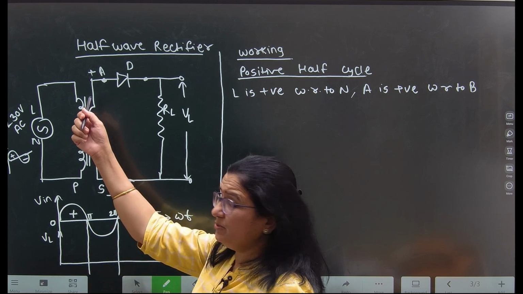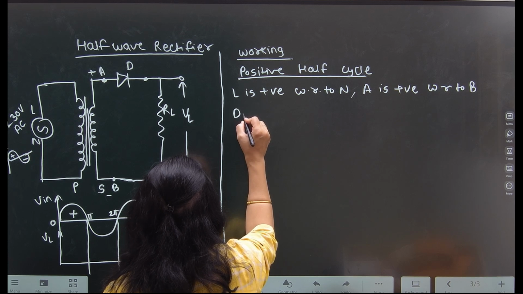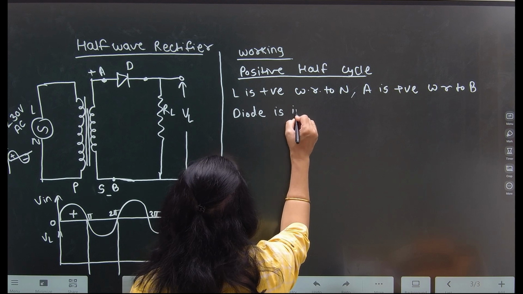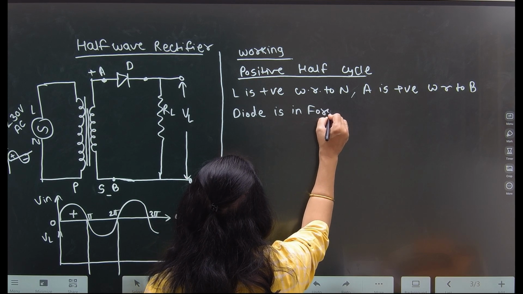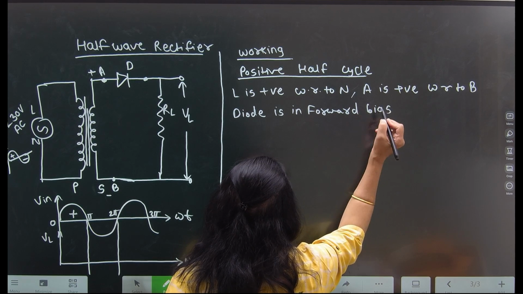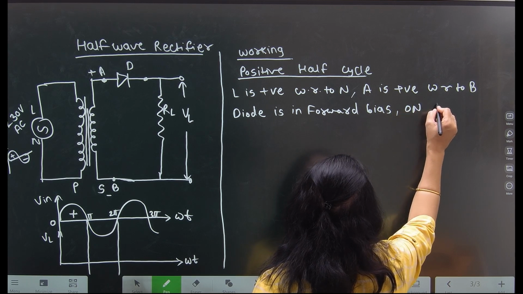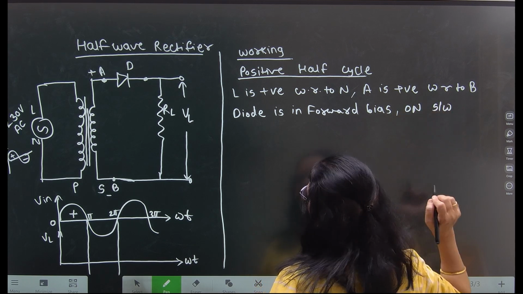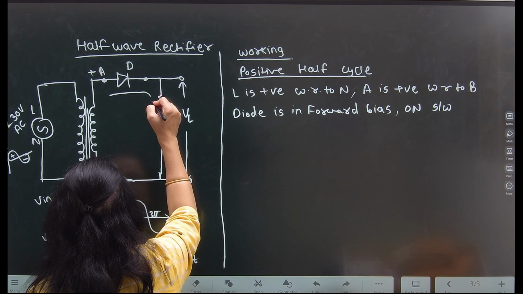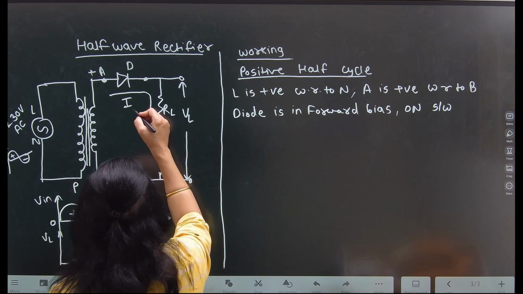If A is positive, that means diode D is in forward bias. And we know that when a diode is in forward bias, it works as an on switch. Therefore this diode starts conducting, and the current flowing through the diode is called the current IL.